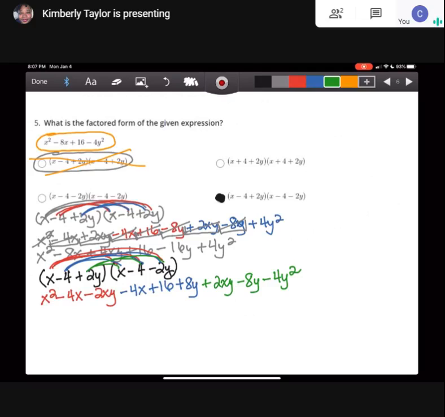Now let's combine the like terms. So this is the only x squared that we have, so we're going to write that down. Now let's look for all the variables that have an x. This has an x, this has an x, and those are the only two. So that's minus 8x, so we can cross those out. Now we have negative 2xy and another 2xy, but this is positive. So a negative plus a positive, and they're the same term, they cancel out. So those actually go to 0.